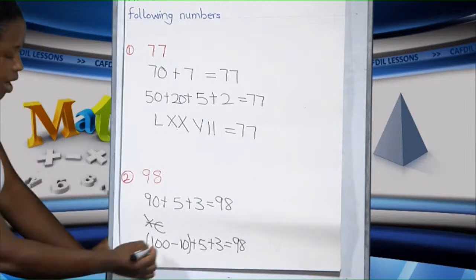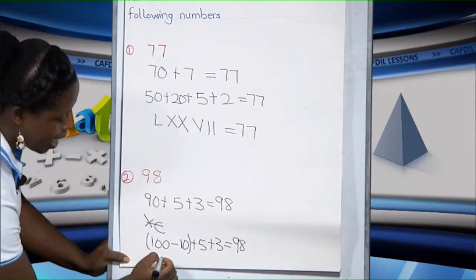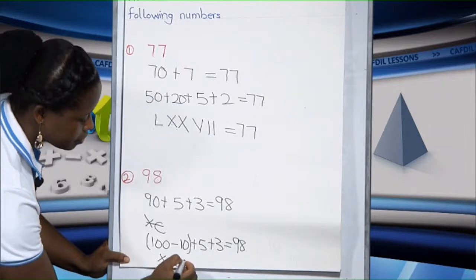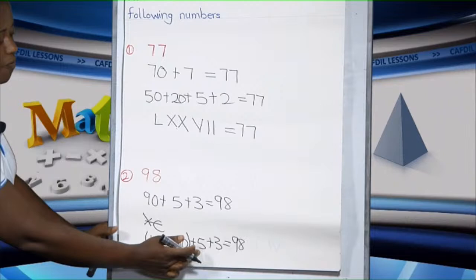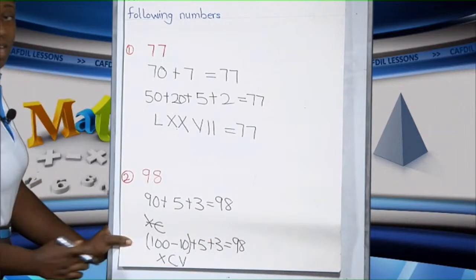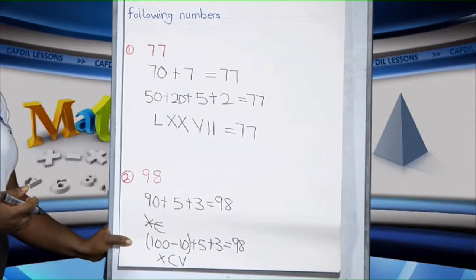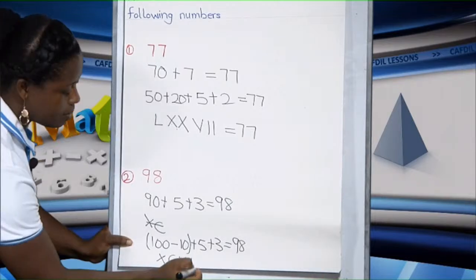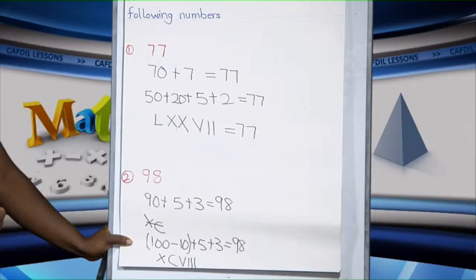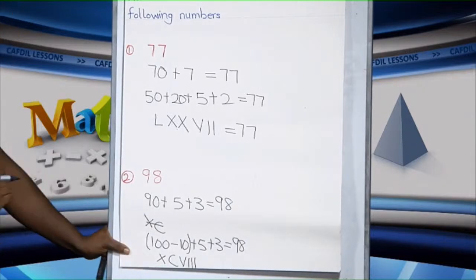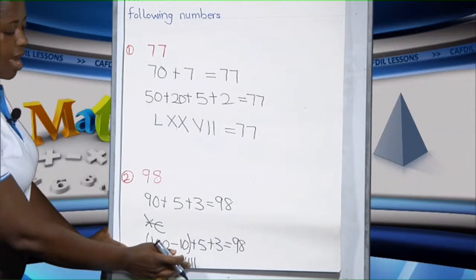So we can write 90 as XC. And then 5 as V. We have 3 over here. We can repeat I 3 times, so III. Now 98 in Roman gives us XCVIII.